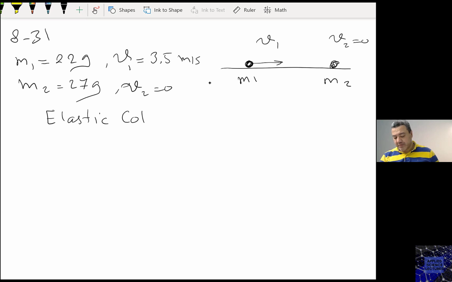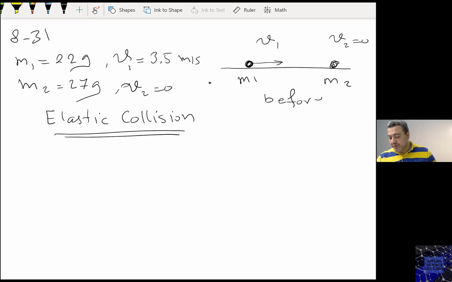Elastic collision. So this is before the collision. This is after the collision.